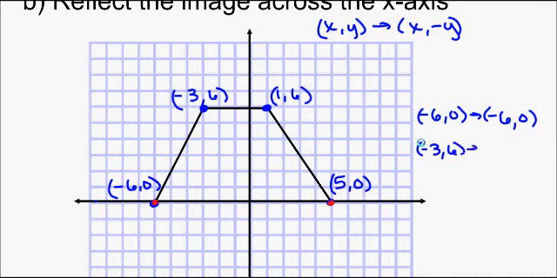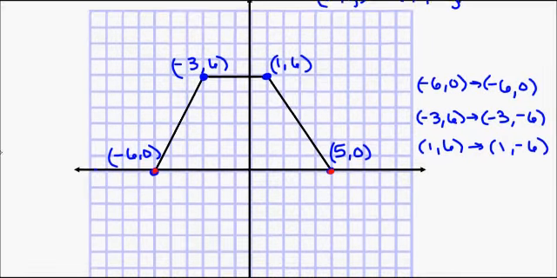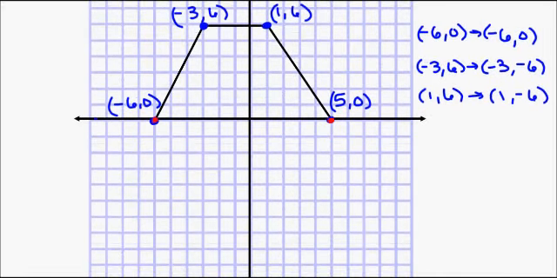(Negative 3, 6). The x value stays the same. The y value changes signs. (1, 6). X stays the same. Y changes signs. So I have a point then at (negative 3, negative 6). And a point at (1, negative 6).